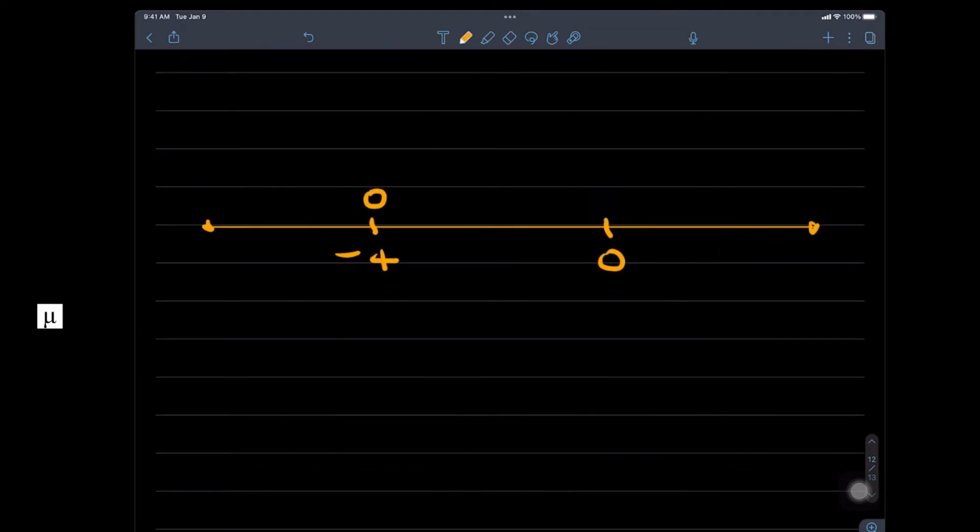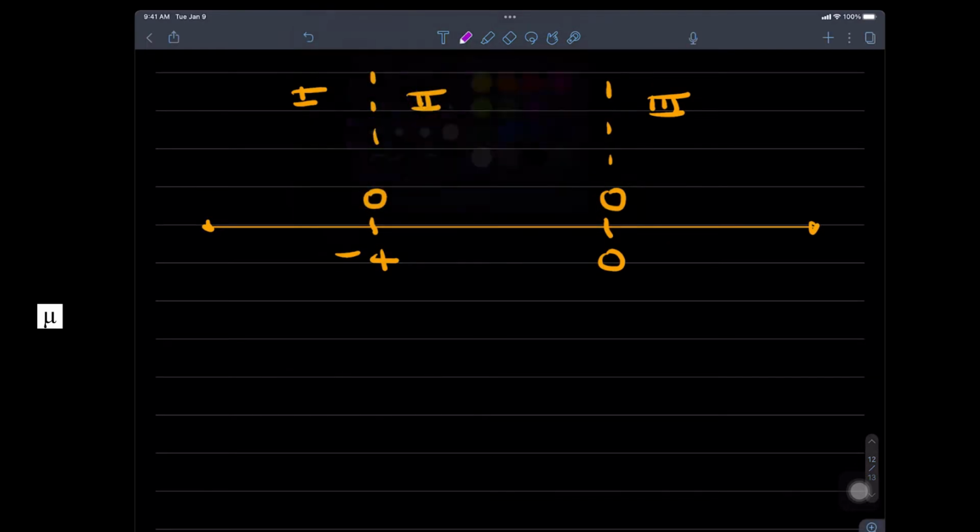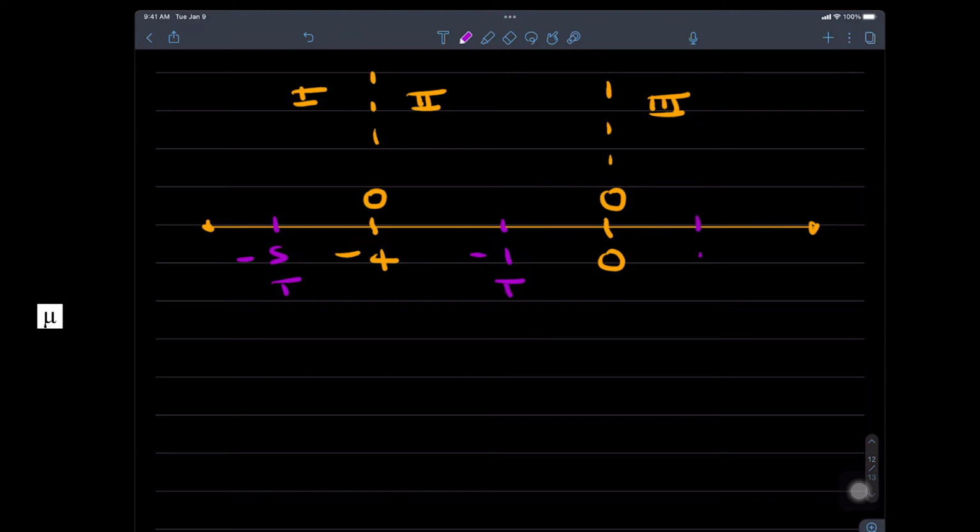This is where the second derivative was 0, and you now have 3 regions here: 1, 2, and 3. So we need test points in each region. Maybe you test negative 5, I'll test negative 1, I'll test positive 1. And ladies and gentlemen, here you go. This is our second derivative.